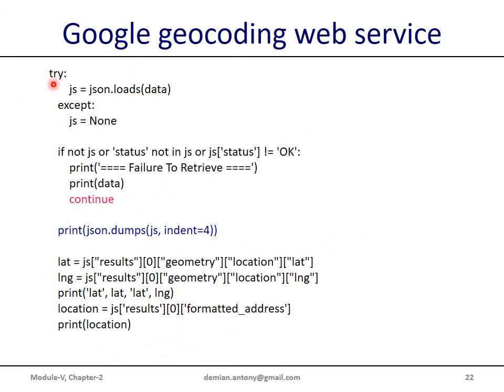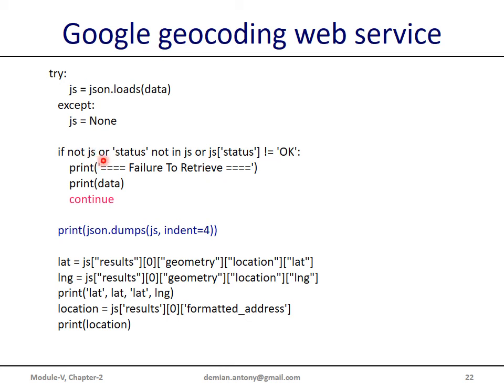Once we have a string representing JSON, you parse the JSON string by using loads. Now js is a list of dictionary objects containing key value pairs, and you test whether there is any failure while retrieving the geographical information by checking all these keys.